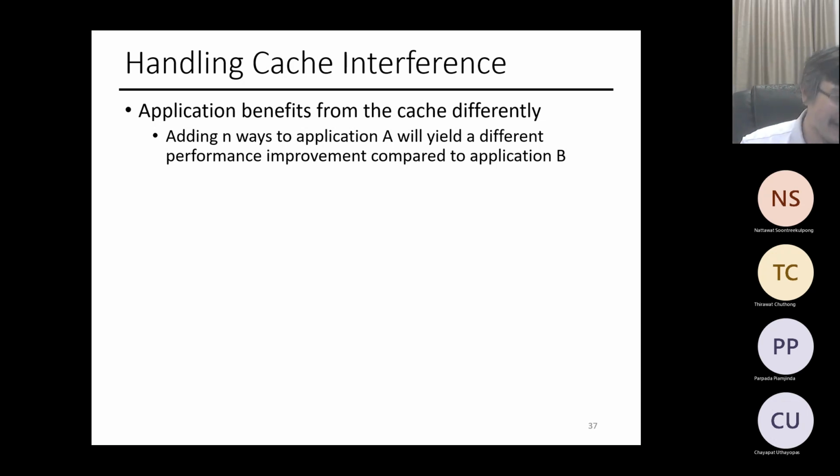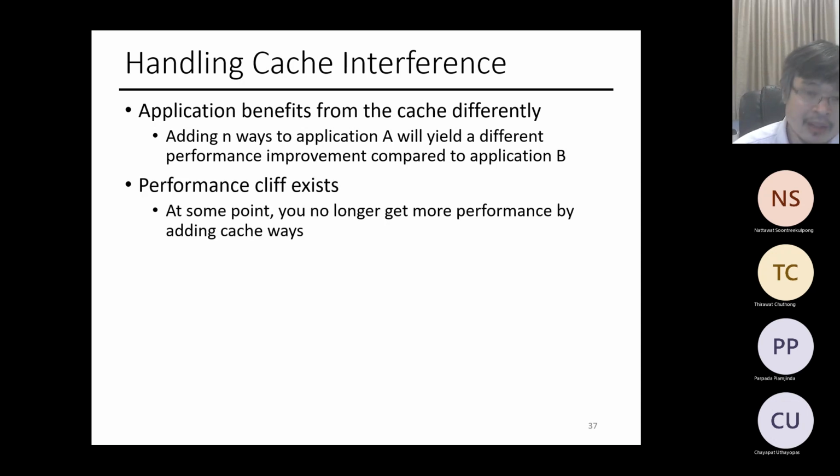If I give one application more cache, the amount of performance improvement I see will be different from the second application, because A and B are not the exact same application.